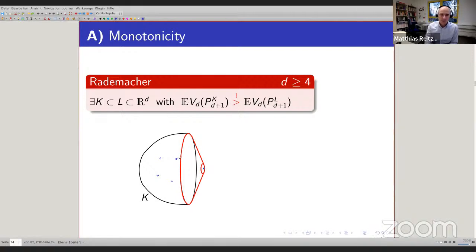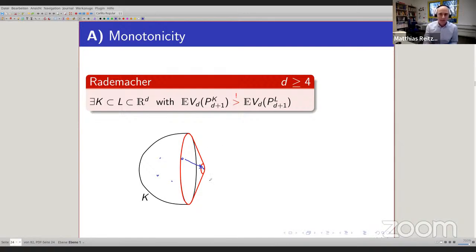You take this point here and shift it into this apex. The question is whether this increases the volume of the random polytope, taking one vertex here and shifting it into this apex. Intuitively, this must increase the volume of the random polytope.